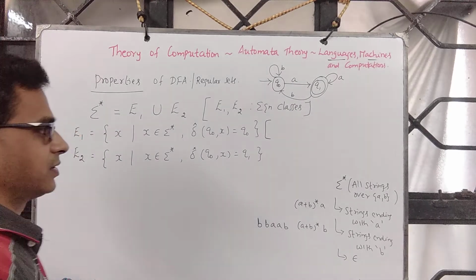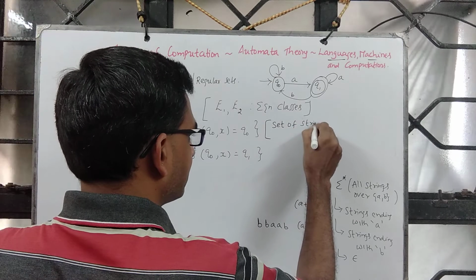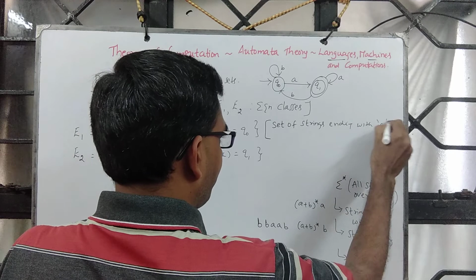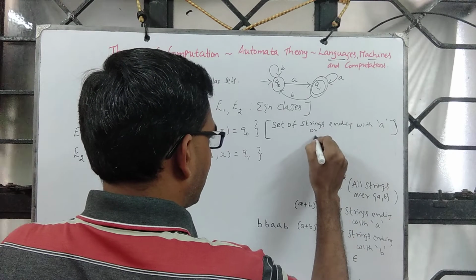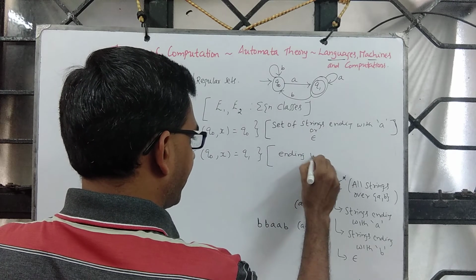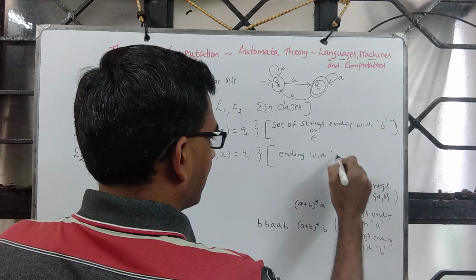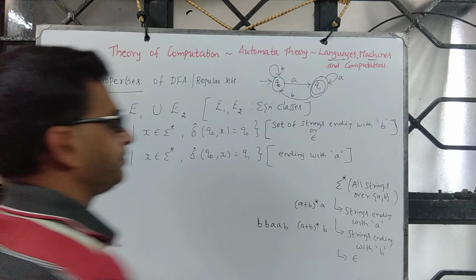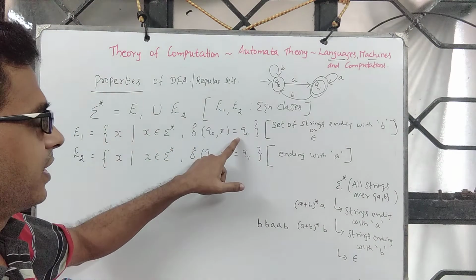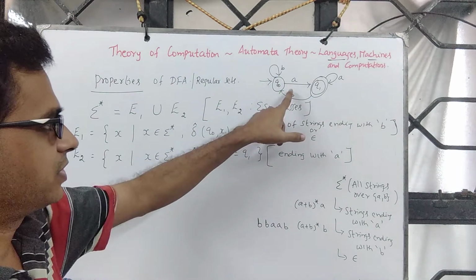Which means this one is a set of strings ending with B or epsilon, and Q1 is all those strings ending with A.